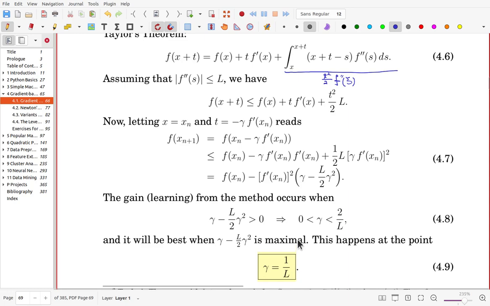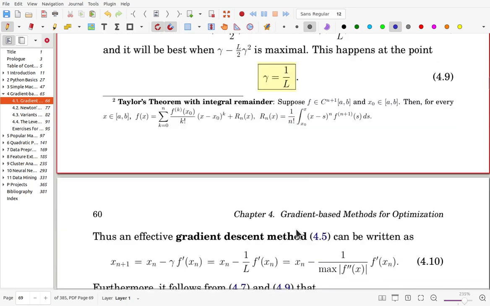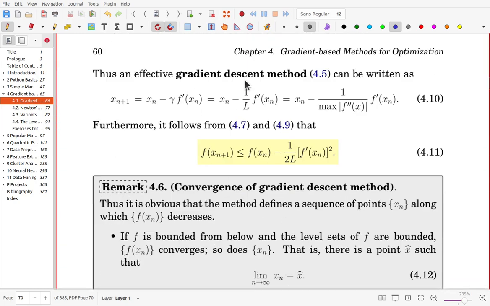Using this, you can rewrite the gradient descent method. Here gamma is replaced by 1 over L, where L is the maximum of f double prime in modulus.